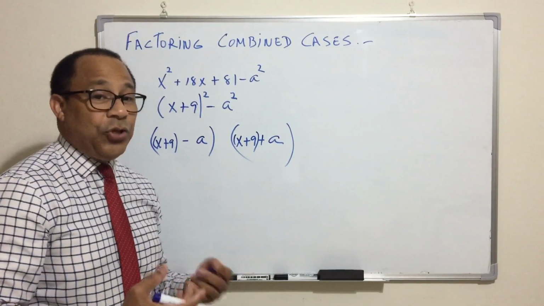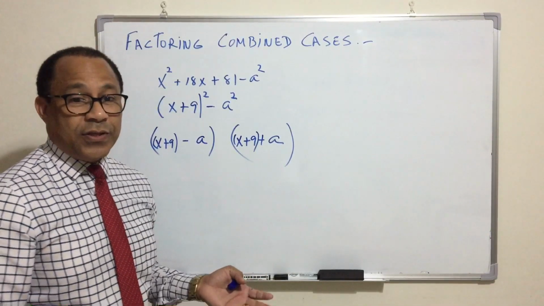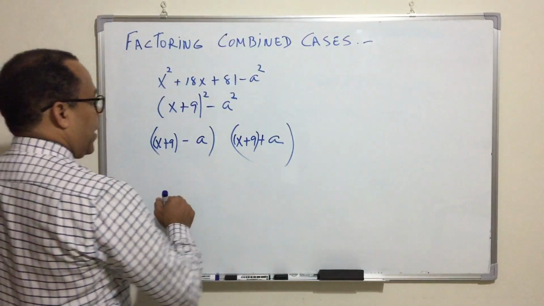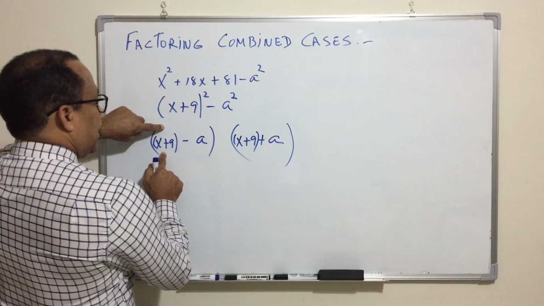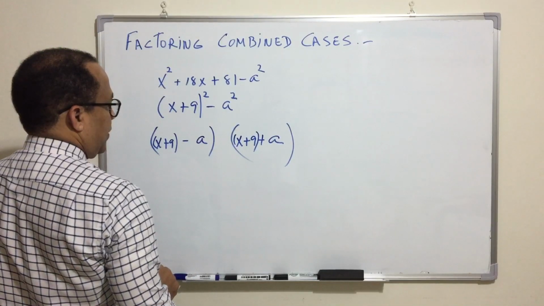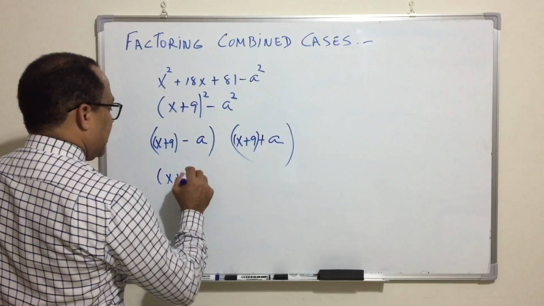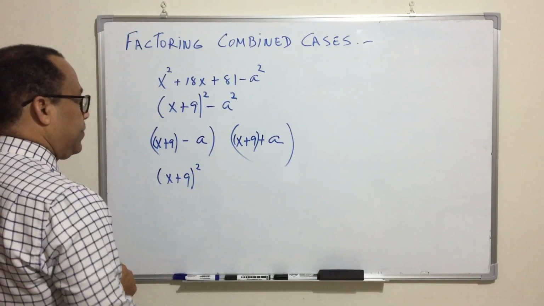If you ask me, I would make sure that this is correct. And then I would use the FOIL method. Yes, let's use the FOIL method. I'm going to multiply x plus 9 times x plus 9, which is x plus 9 to the second power.